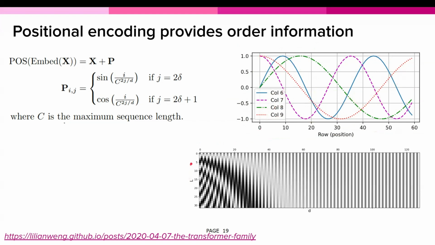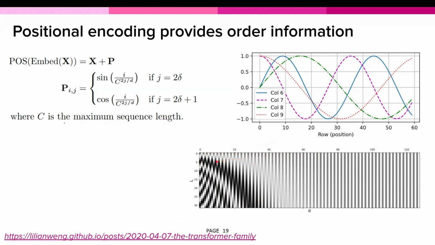And then the bottom here, this depicts the actual positional encoding matrix that would result for a sequence length of 32 and an embedding dimension of 128. And so what we can discern is that it has this staggered appearance because we're switching between sine and cosine.